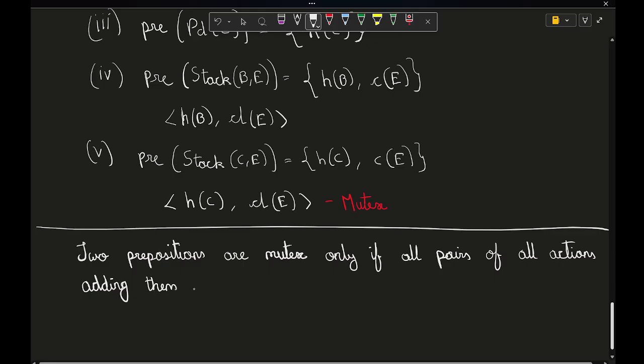All actions adding them to the layer are mutex.